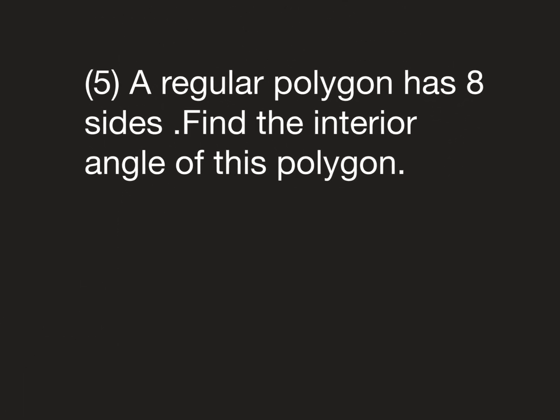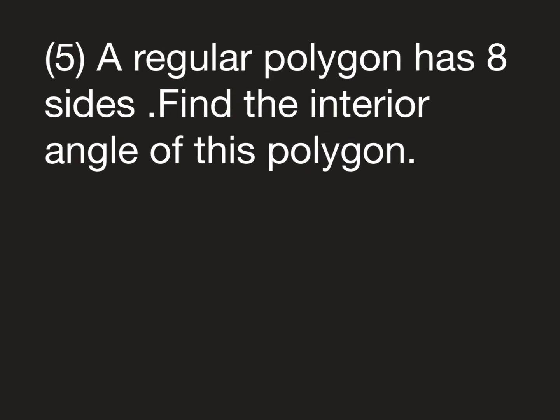Moving on to the fifth question, it says a regular polygon has 8 sides. So the number of sides is 8. Find the interior angle of this polygon. So here you have to be careful. It is not asking you to find the sum of the interior angles, but it is asking you for each interior angle.